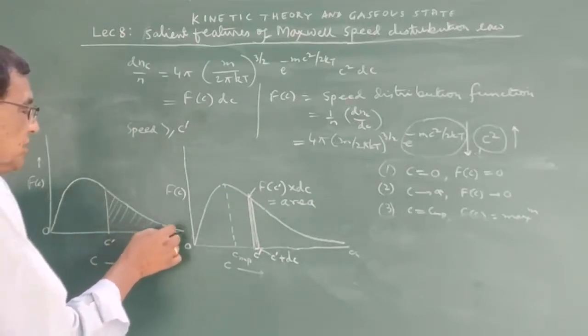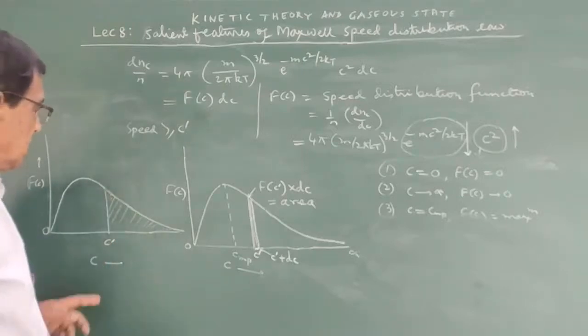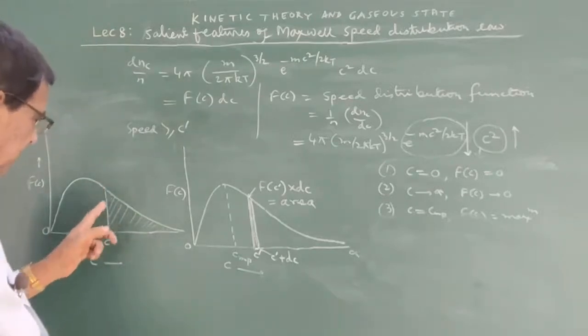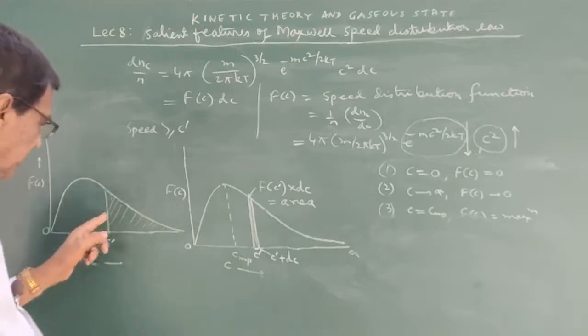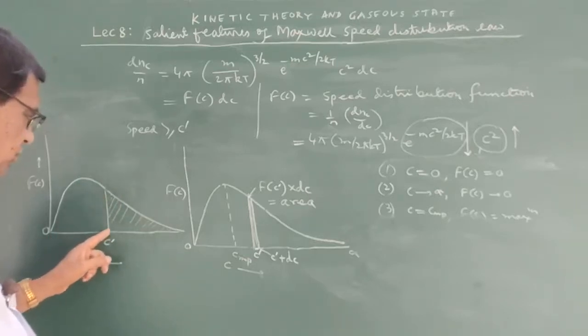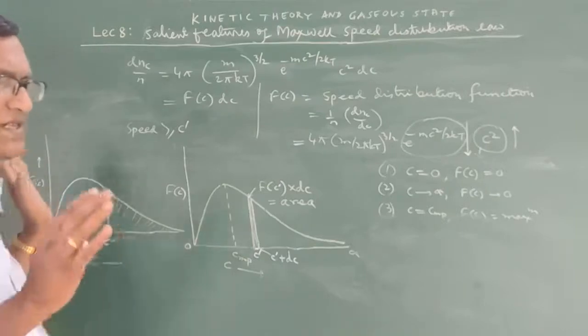This will give you the area on the right hand side of this ordinate, and the ordinate is drawn at this c'.